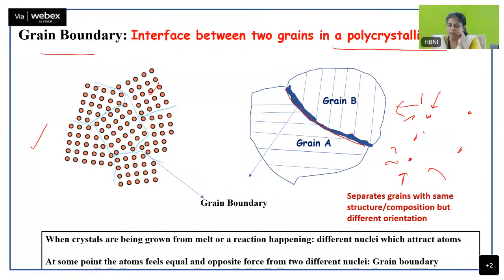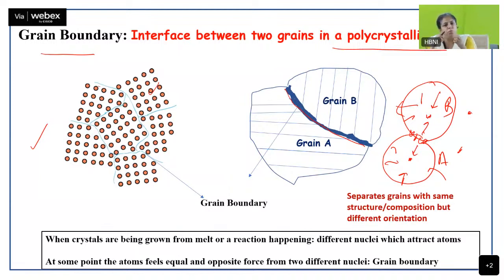Now what will happen? Suppose these crystals have grown this much, a point will come when there would be A and B atoms which would be attracted in an equal and opposite way by both grain B and grain A. They are feeling equal and opposite force, so they won't be able to move.